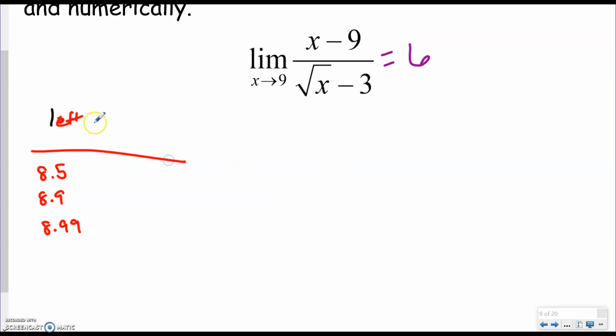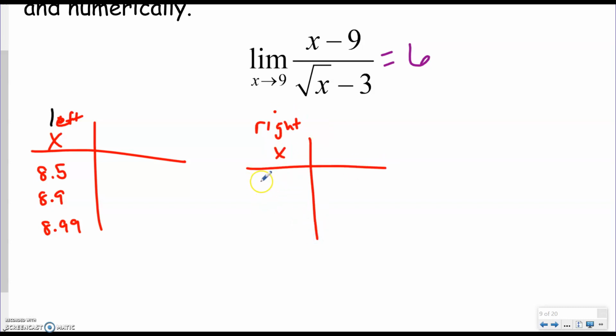And I'm going to do the same thing on the right: 9.5, 9.1, and 9.01. So those two numbers on the bottom should be the closest of anything. I'm going to go ahead and plug those numbers in.